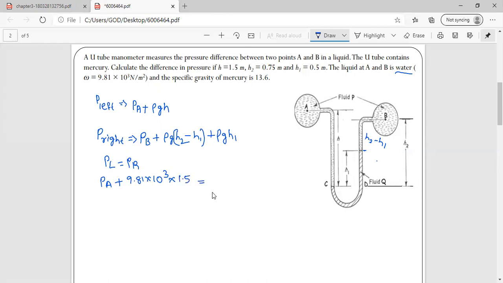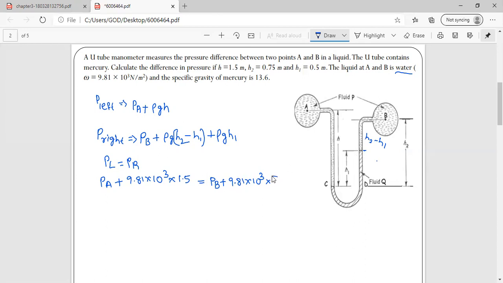That equals the pressure in the right limb, PB, which is unknown, plus rho g. It is water, again 9.81 into 10 to the power of 3, into H2 minus H1.